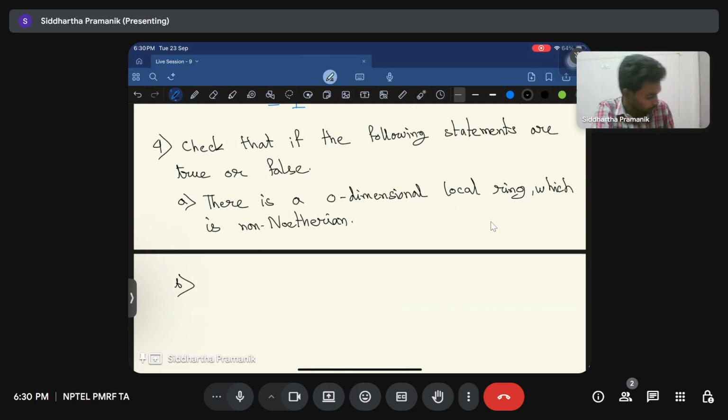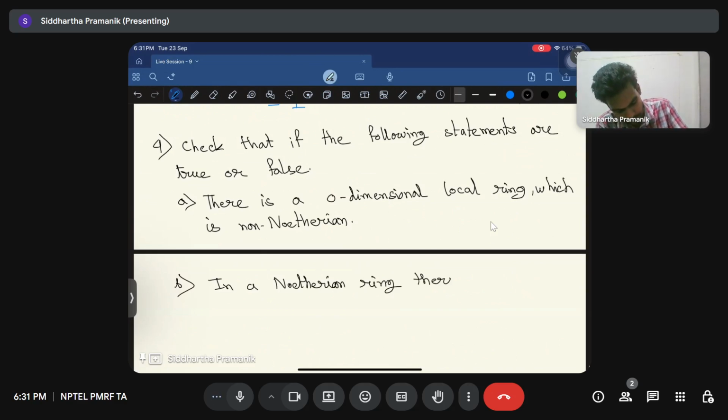The second one is: in a Noetherian ring, there is no prime ideal of height 1 which is not principal.